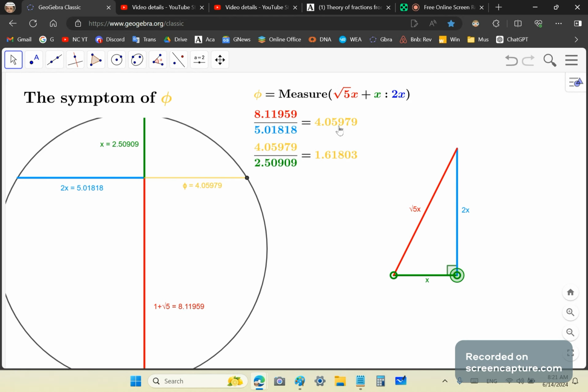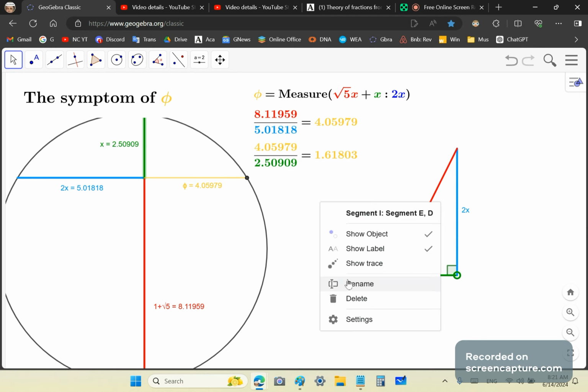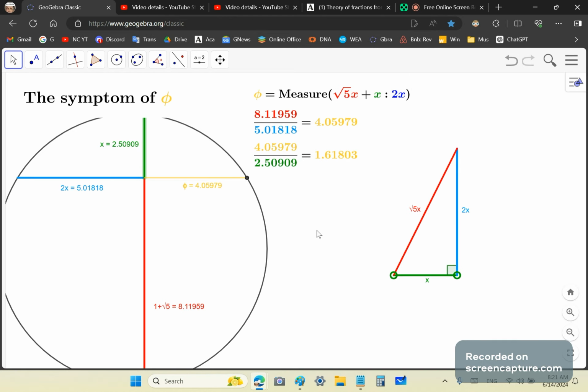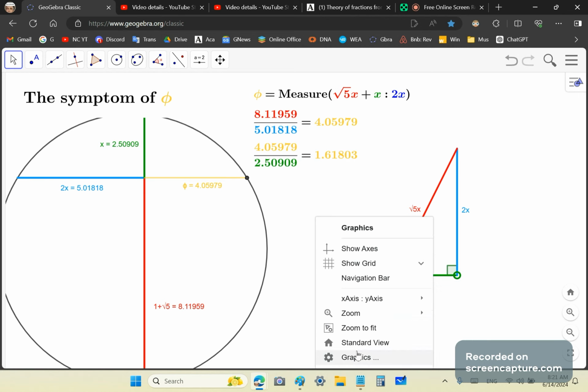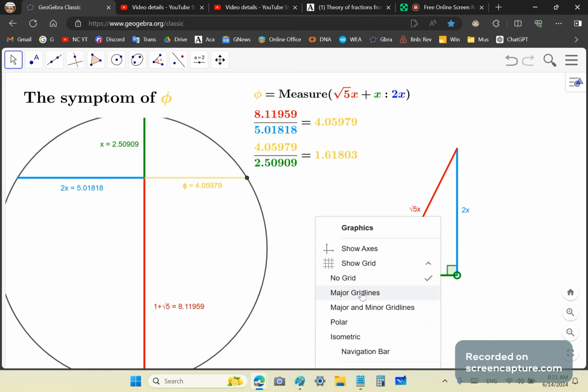And you might be saying, well, why am I getting 4.05979 here? Because my unit here is not 1. It's 2.50909. To see what happens, let's go to graphics and say grid. Let's show major grid lines.